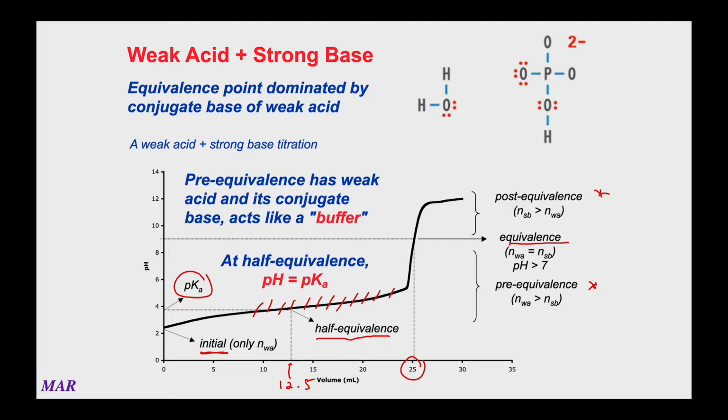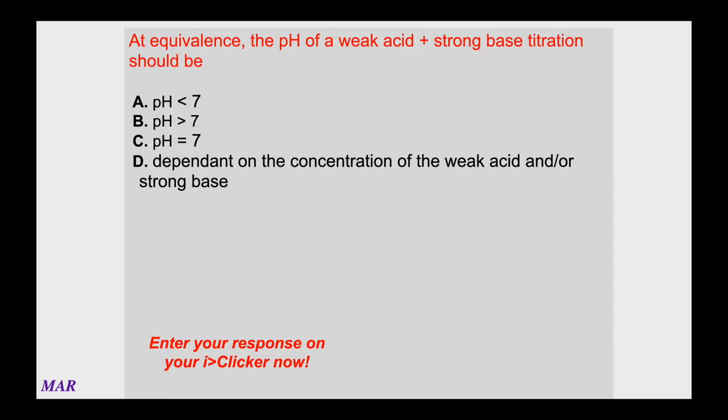It's pretty cool. Now, at equivalence, what should the pH of a weak acid plus strong base titration be? In the last chapter, we thought about what happens when you have equal moles of weak acid and strong base. The strong base pushes the reaction to the product side, and if the moles are equal, which is what equivalence means, all the strong base and all the weak acid have been reacted.